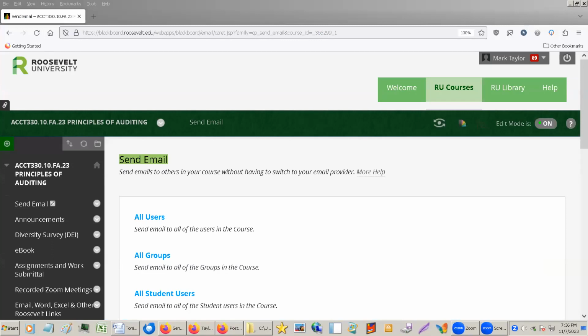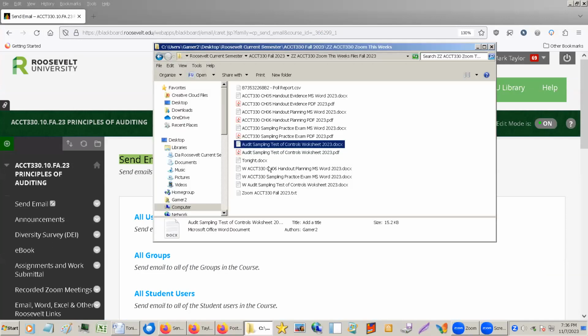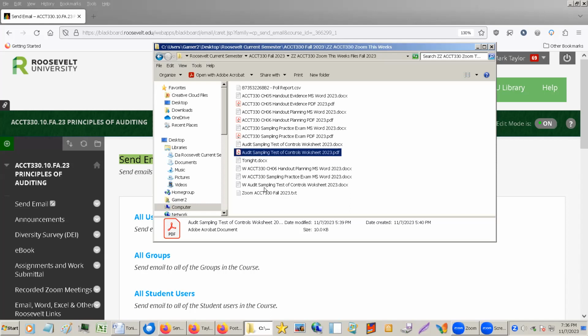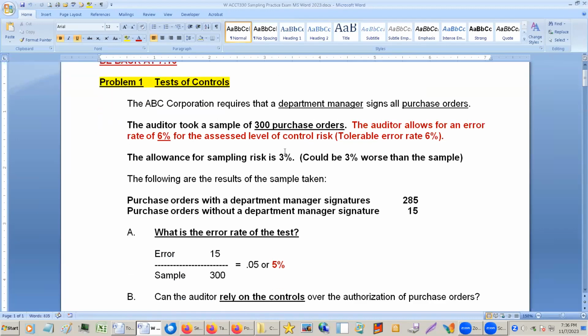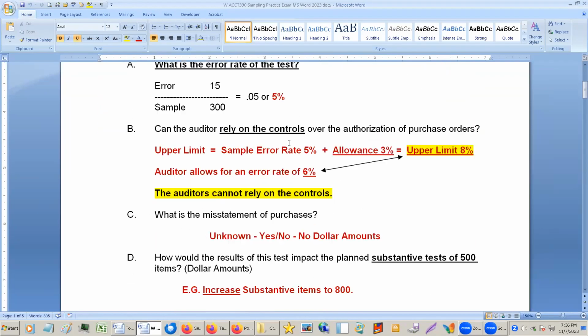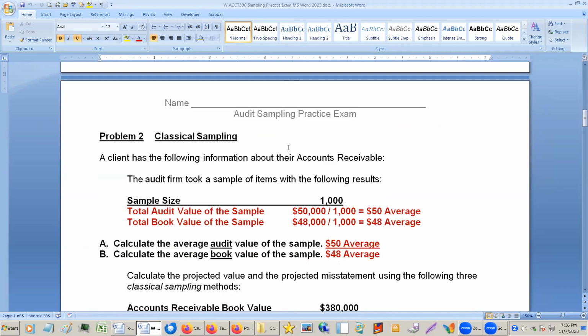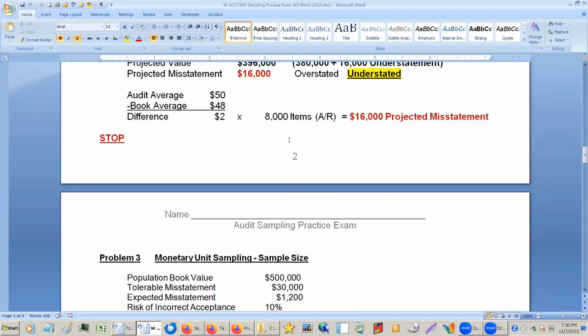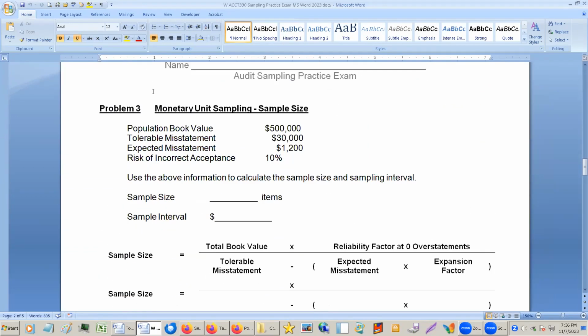Okay, and we want to go to the practice exam. Testing controls. Hey, we just did that. Classical sampling. We did that last week.